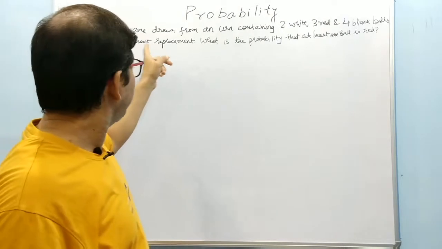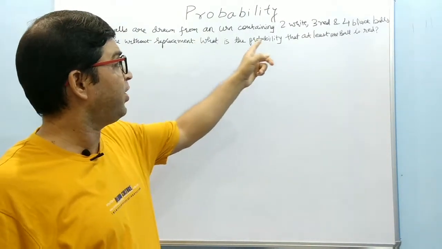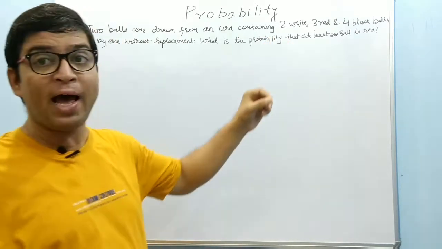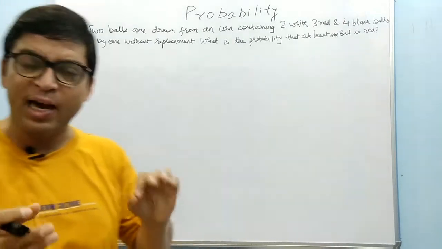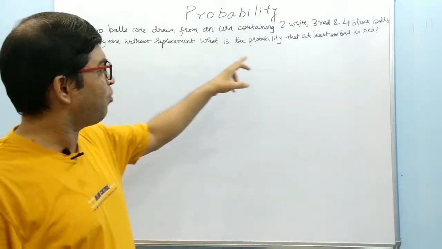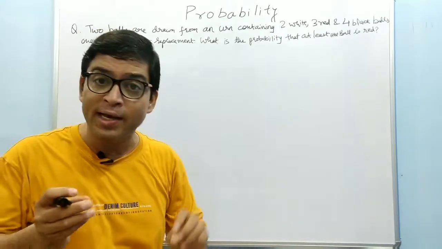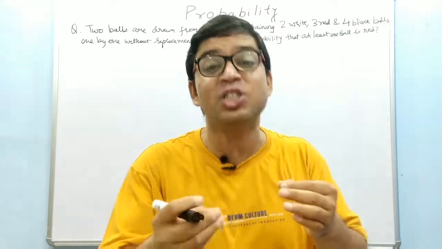In this question, we see that 2 balls are drawn from an urn containing 2 white, 3 red, 4 black balls, one by one without replacement. That means 1 ball is drawn and then thrown away. What's the probability that at least 1 ball is red? We have developed the concept of finding at least 1.